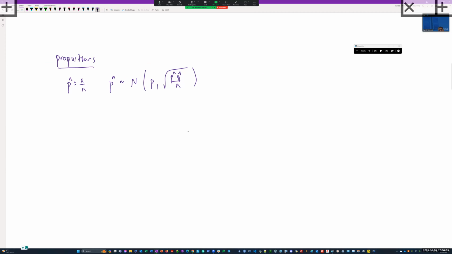We said that the margin of error for this confidence interval was equal to z alpha over 2 times square root of p hat q hat over n, because this is the number of standard deviations times the standard deviation. Is that correct? Number of standard deviations times standard deviation is margin of error, right? Does that make sense? All right.